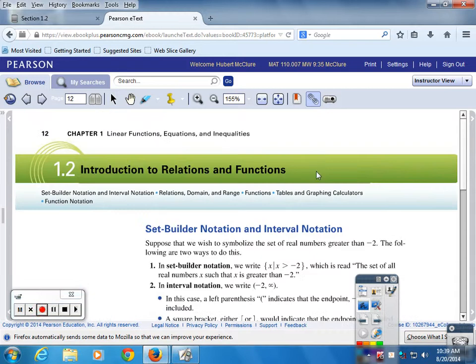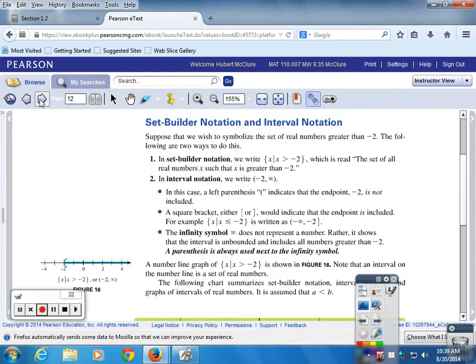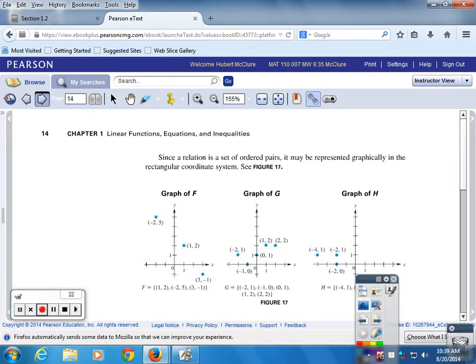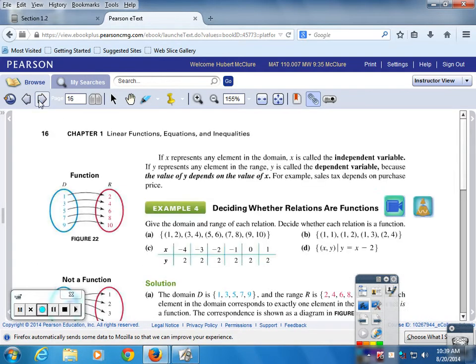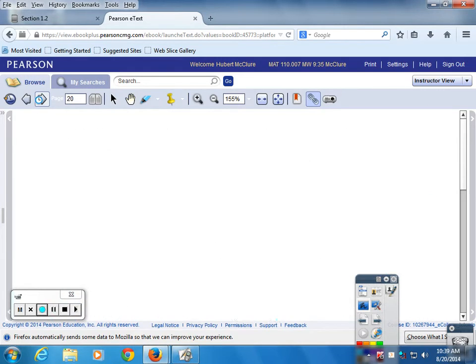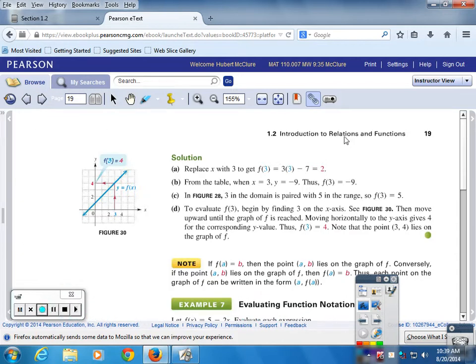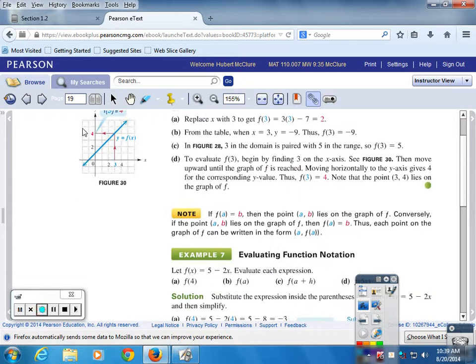And let's see how many pages are the actual lesson. It ends on page 19. So how many pages is that? 7 or 8 pages. So you print. Go to the print symbol.